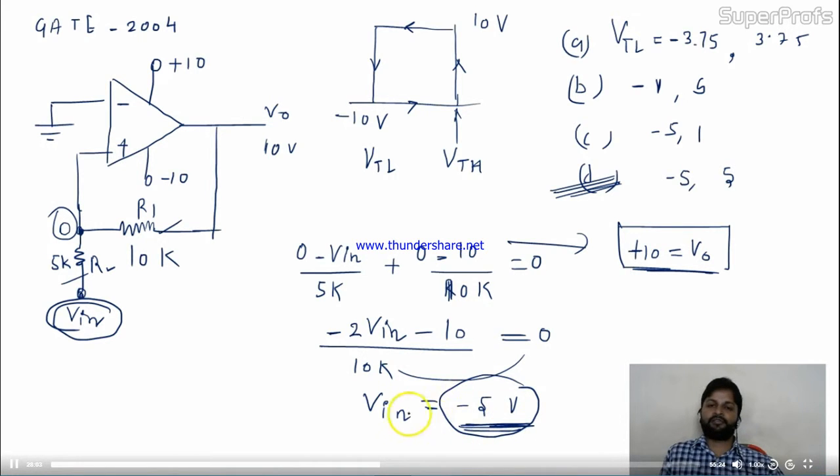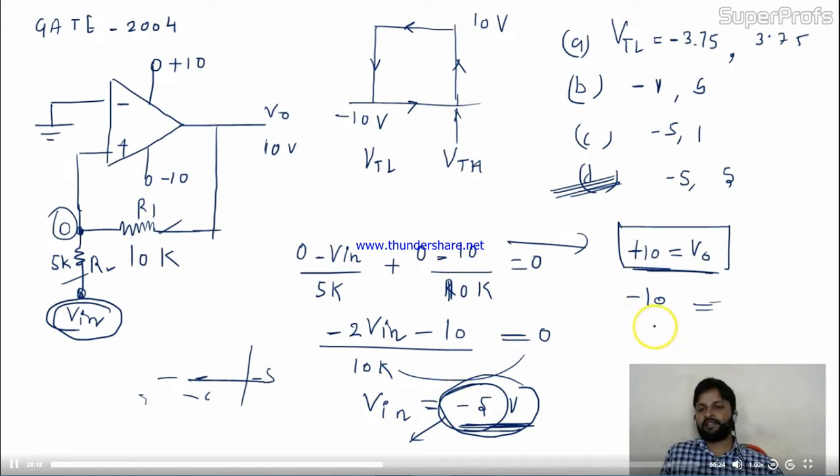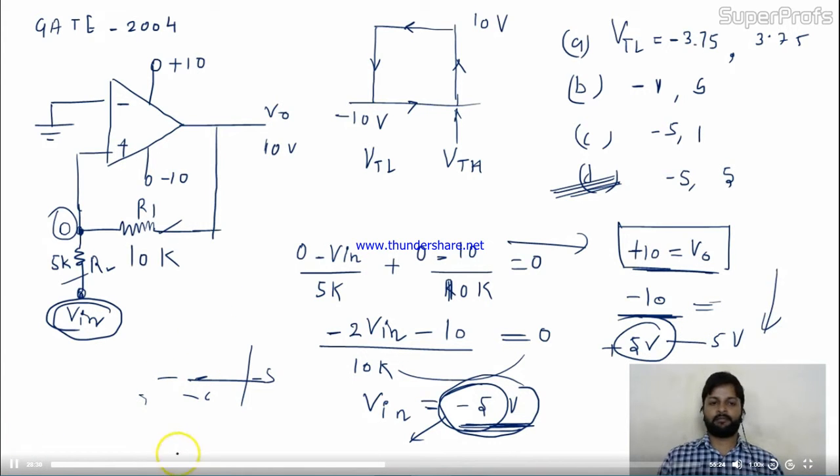If your Vin goes beyond minus 5, means it goes to minus 6, minus 7, suddenly your output will change and will come to minus 10. Is it okay? So this is minus 5 for the lower point, and for the upper point if you calculate, you will get plus 5 over there. Means if your input now crosses this 5 volt, immediately your output will drop. So this is about Schmitt triggers.